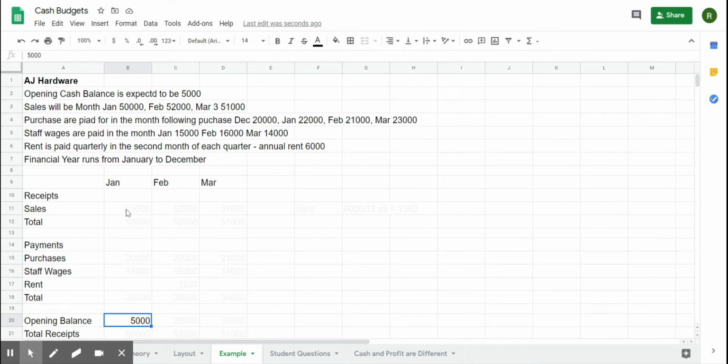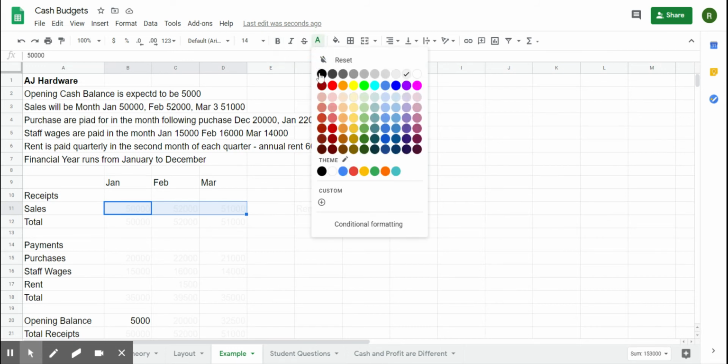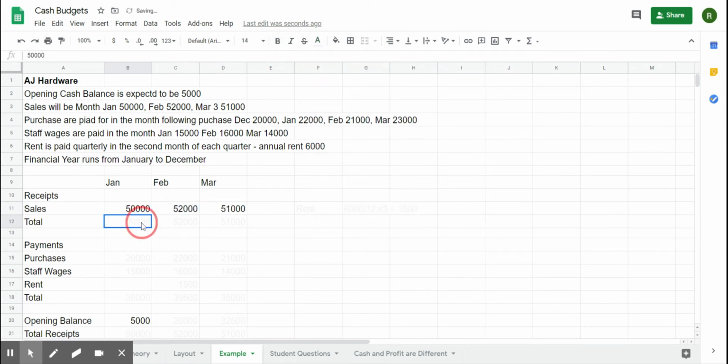What you will find when you come to do examination questions is that that cash may be split over a number of months, so it makes it more complicated. So we put our sales in. I've put a total row in for the total of all the receipts, but as I've said, that wouldn't necessarily be required if you've only got one receipt.